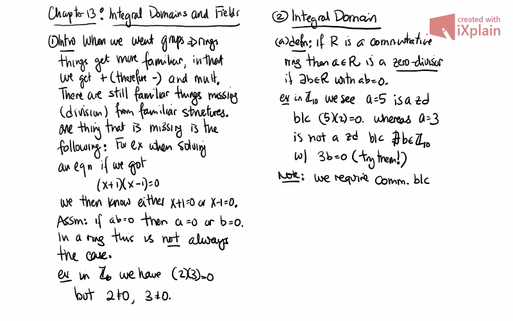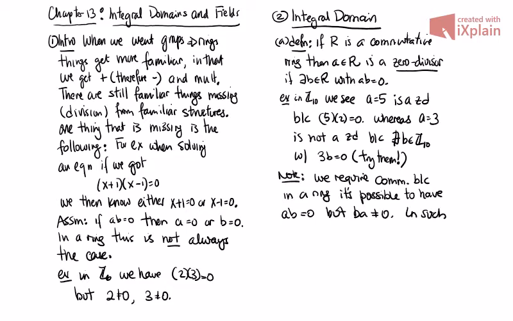So if you have a situation like that, then it's unclear whether you should call these things zero divisors or not, right? In other words, if the ring is not commutative, it's possible to have ab being 0, but ba not being 0. So in that case, it becomes unclear, do you call these zero divisors?